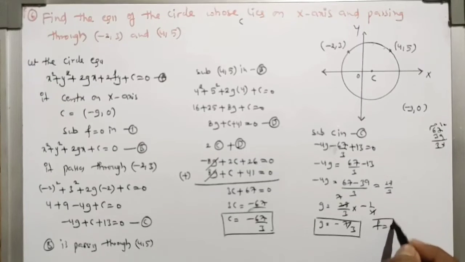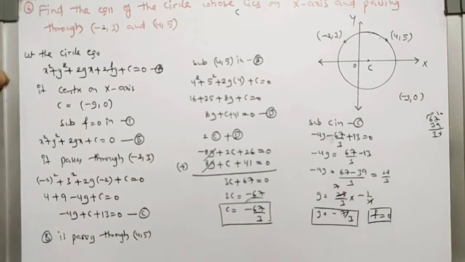0 already. So substitute the c value, g value and f value in equation 1, then we get the answer. Substitute g, f, c in equation a or 1.